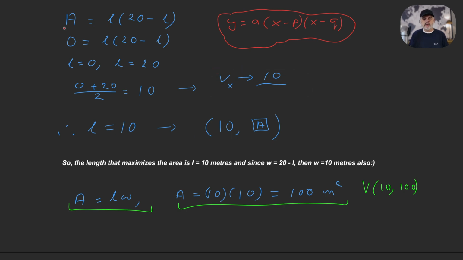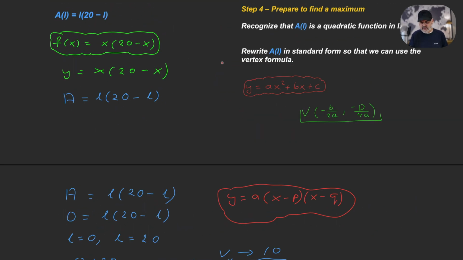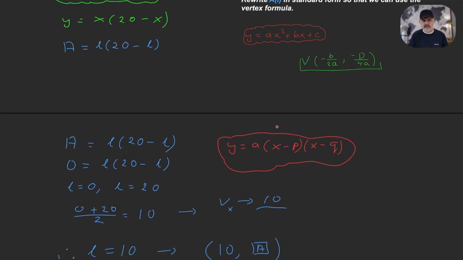The second method you could do: expand it, create that equation right here, and use the formula for the vertex. It doesn't matter which method. So don't cling to a single method. You eventually develop a strategy that works best for you.